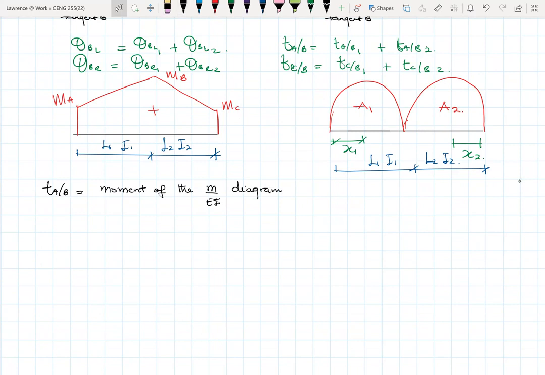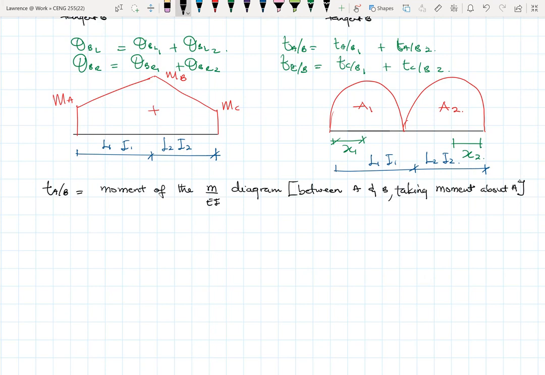Right, so that's what we have between A and B. And now here we are taking moment about A. So basically I'm using the area moment method to explain the three moments method.